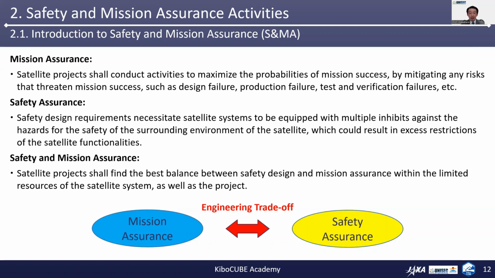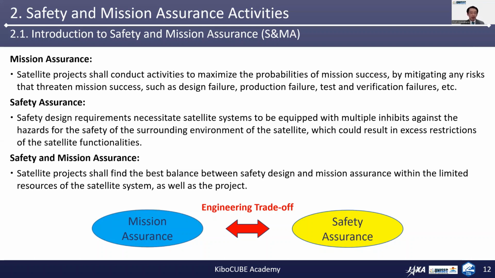So here, an inhibit is defined to be a design feature that provides a physical interruption between an energy source operating a function leading to an accident and an operating device.